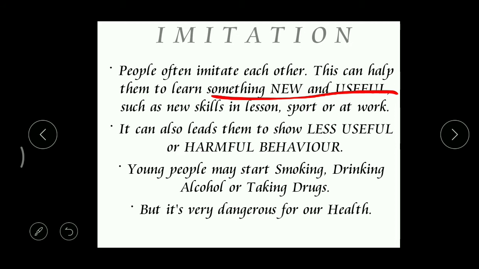Especially in mathematics classes, we can find that all the students cannot solve the problem. But whenever one student solves the problem, then immediately the teacher will announce in the class, see, this is the only one who solved the problem. This is the way you have to do, like this.